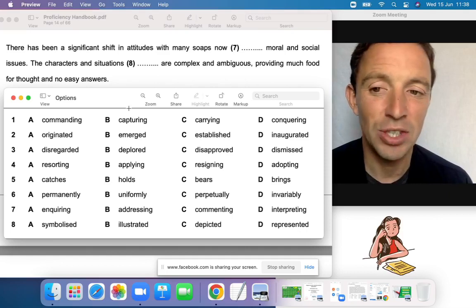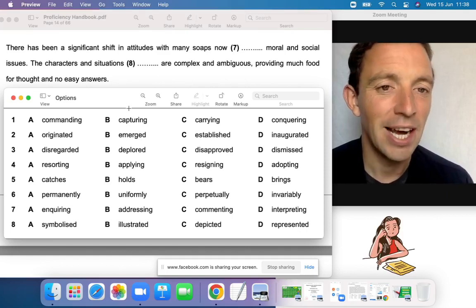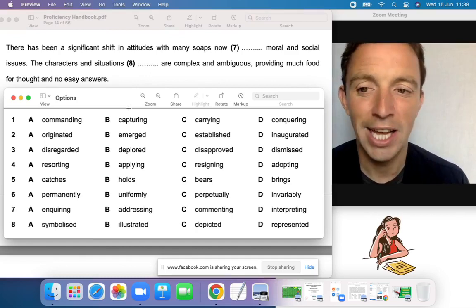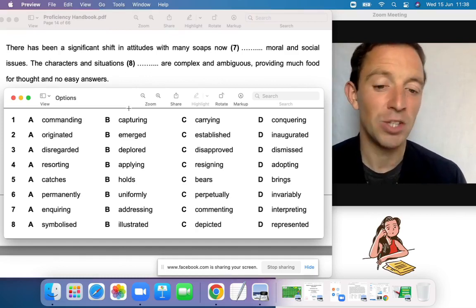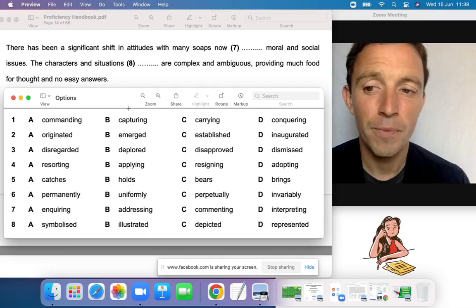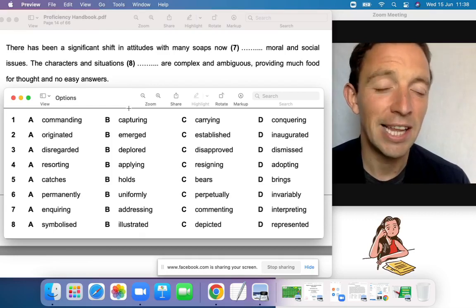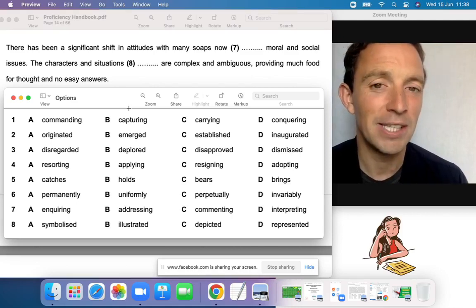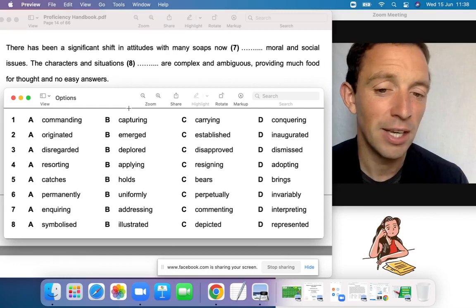The characters and situations depicted are complex and ambiguous, providing much food for thought and no easy answers. That's a very good expression as well. Food for thought means content and things for you to think on and to think about. So if you have food for thought, this means that you have a lot of things to think about.